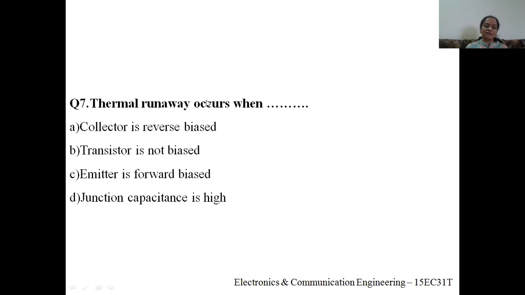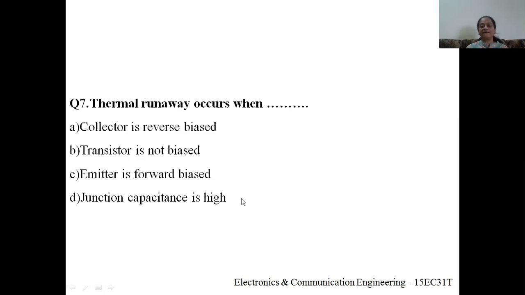Next is 7th question. Thermal runaway occurs when collector is reverse biased, transistor is not biased, emitter is forward biased, or junction capacitance is high. So we studied voltage divider bias.